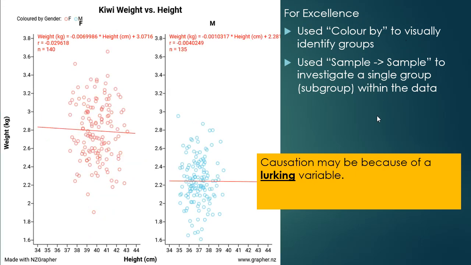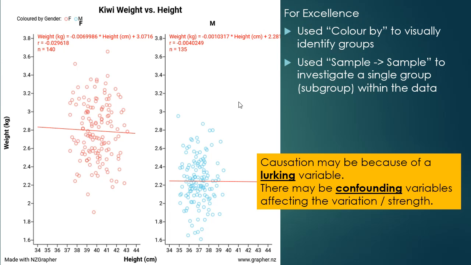When we looked at the second graph, so we've subsetted the data and then grouped it by gender, we can see that there's no relationship here. So we've identified there may be other confounding variables that are affecting the variation, so the variation in weight or the strength of the relationship.